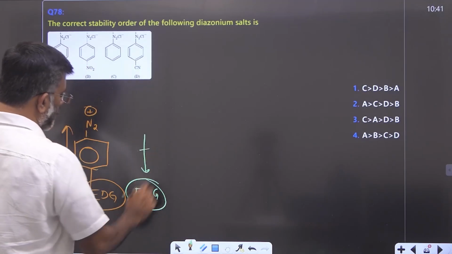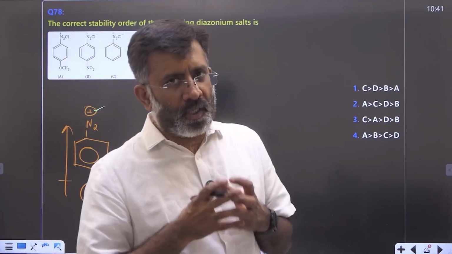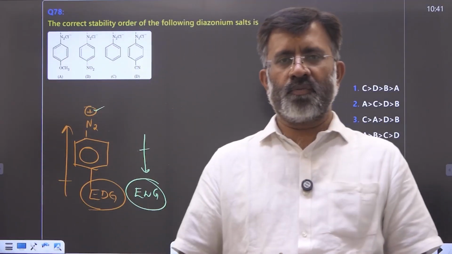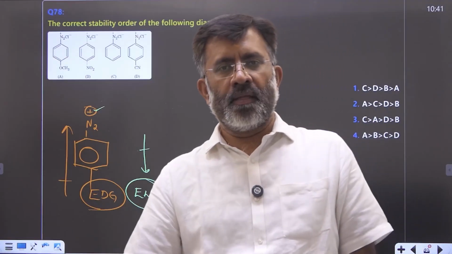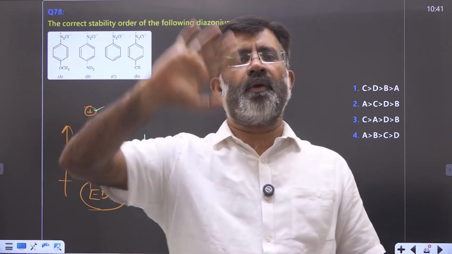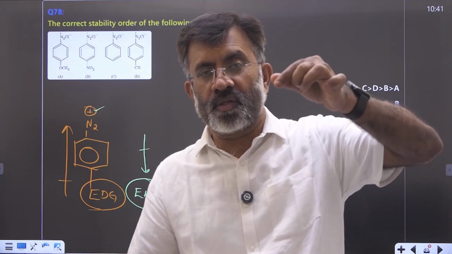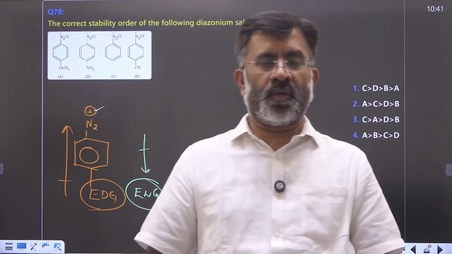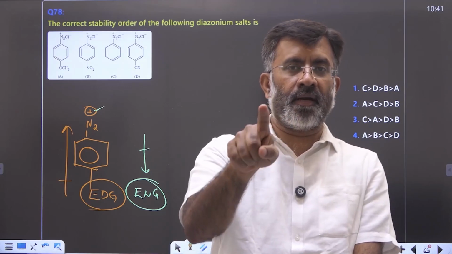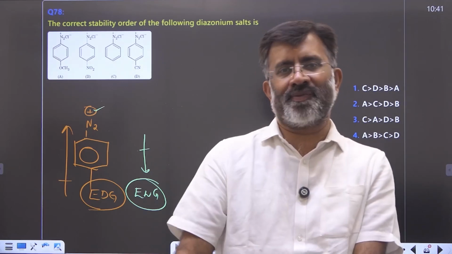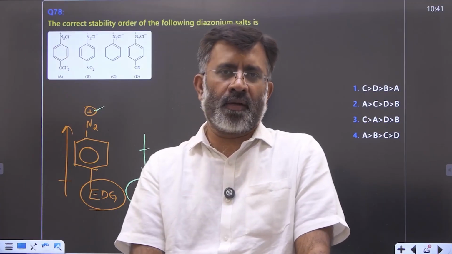It is withdrawing the electron density, and the charge will increase. So whether it is a diazonium salt or any intermediate you deal with, when you try to identify the stability of the intermediate, please understand, cations are stabilized by electron donating systems and anions are stabilized by electron withdrawing systems. That is the fundamental aspect you need to understand.